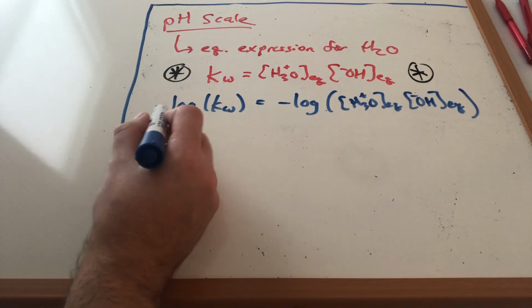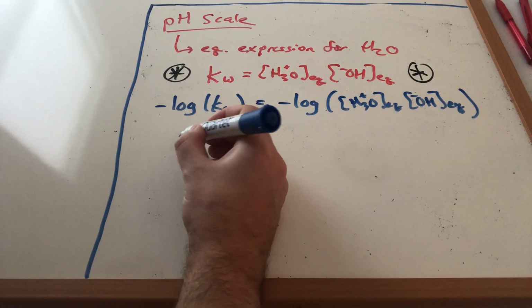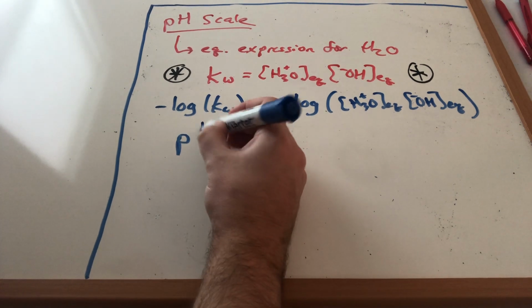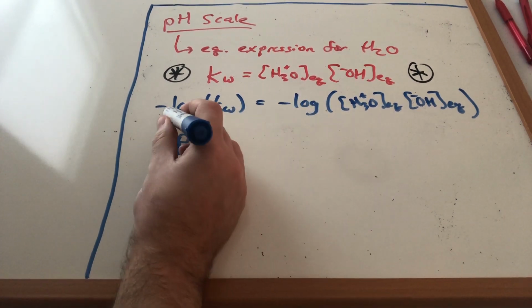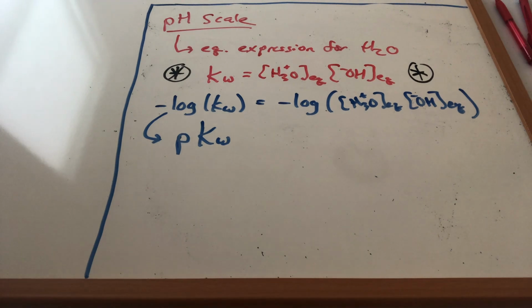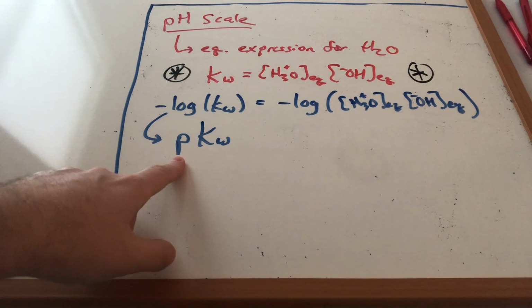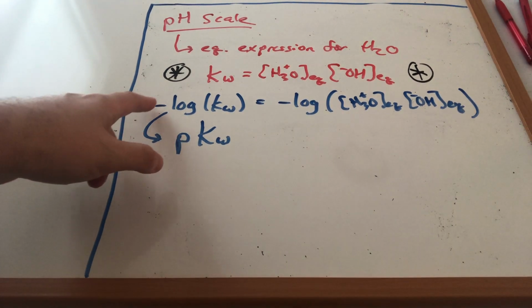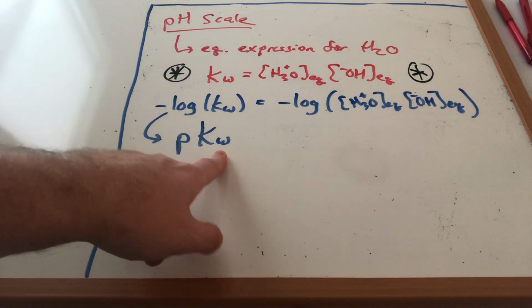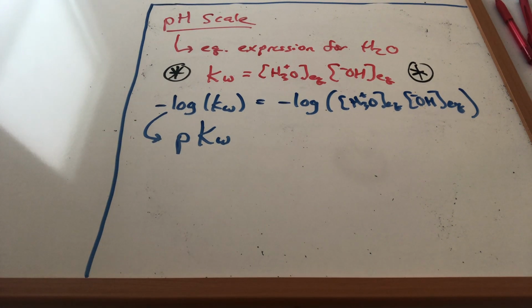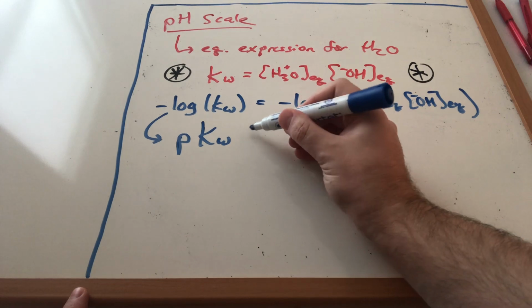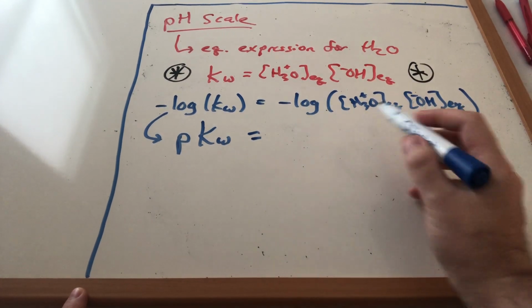Well, wait a second. I just said that the negative log of anything I can write as the p of that. So the definition that I established for what that mathematical operation p is means the negative log of Kw must be pKw.